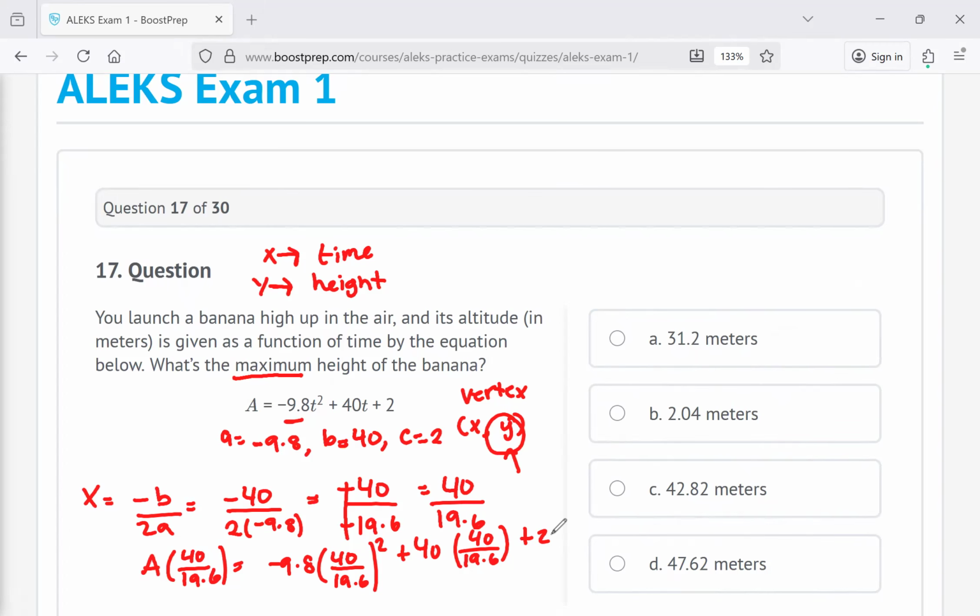And when you do that, I think they will allow a calculator for this problem. Let me look at my notes.